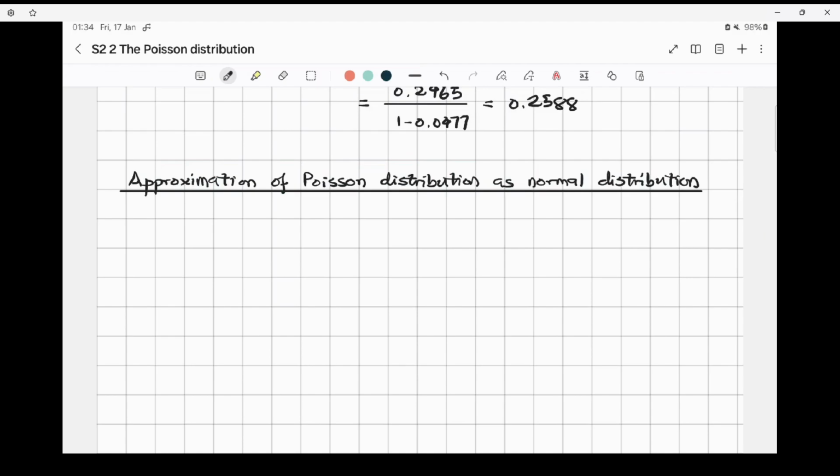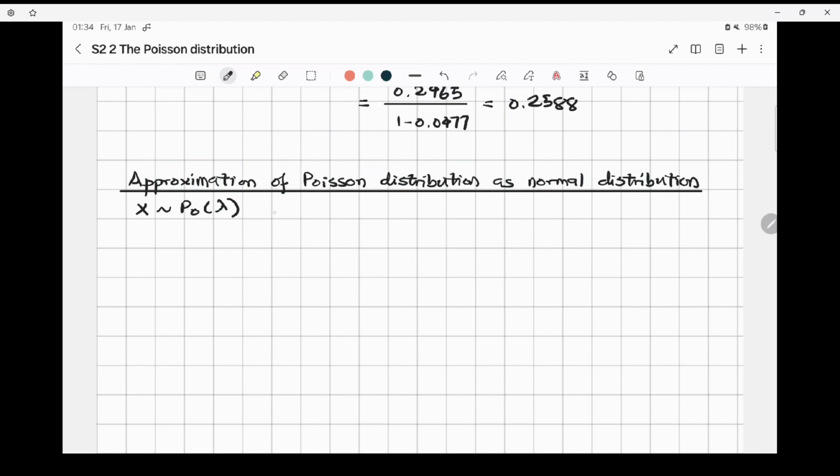But now when you try to approximate the Poisson distribution using the normal distribution, one is discrete, another one is continuous. So you need to do the continuity correction, and the procedure is exactly the same as how you would do it with the binomial distribution to normal distribution. The point here is that you want to approximate the Poisson distribution, which has only one parameter, to the normal distribution.